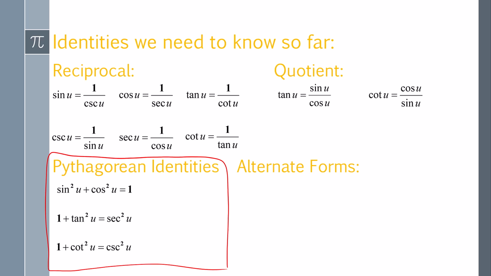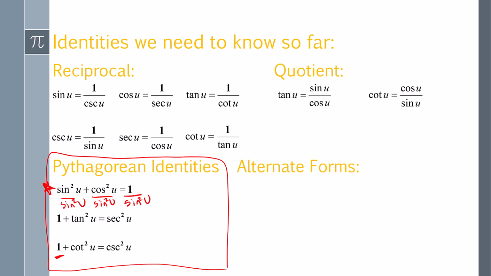Now, technically, this is the only one you need to memorize because you could derive the other two from it. So, for example, if I divide both sides by sine squared u, now sine squared divided by sine squared equals 1.